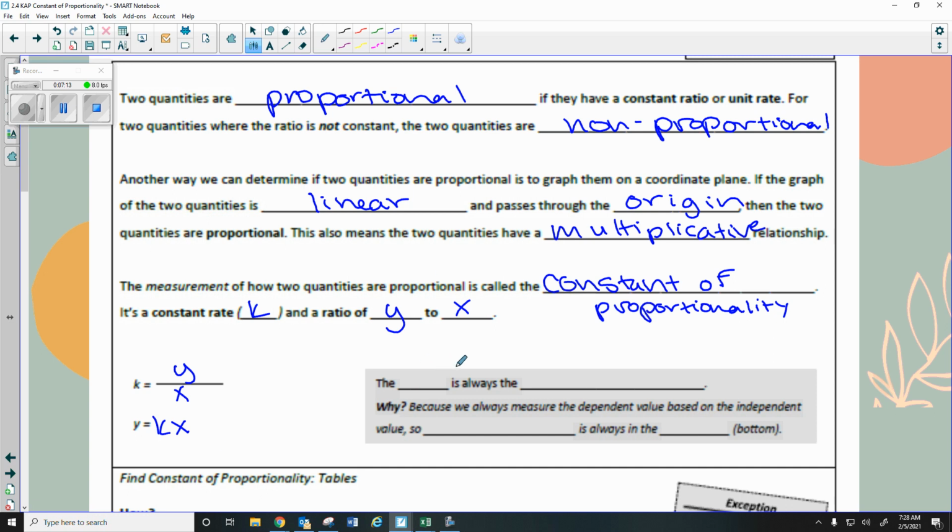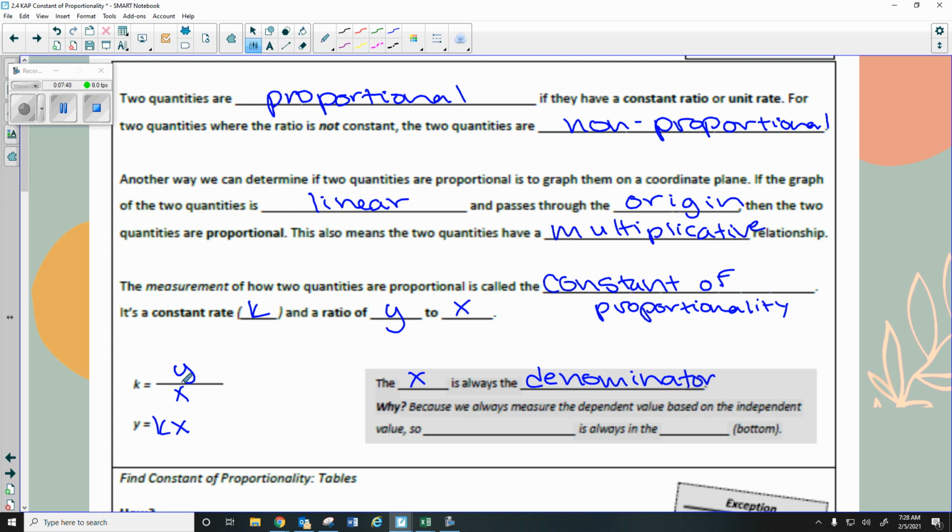Okay, this is just a little side note. The x is always going to be the denominator. You might have noticed that with, again, this situation right here and when we were finding the rate of change. The y is always in the numerator because we're looking more at the dependent value. Y is our dependent, and we're trying to see how this changes. We control the change in the x.